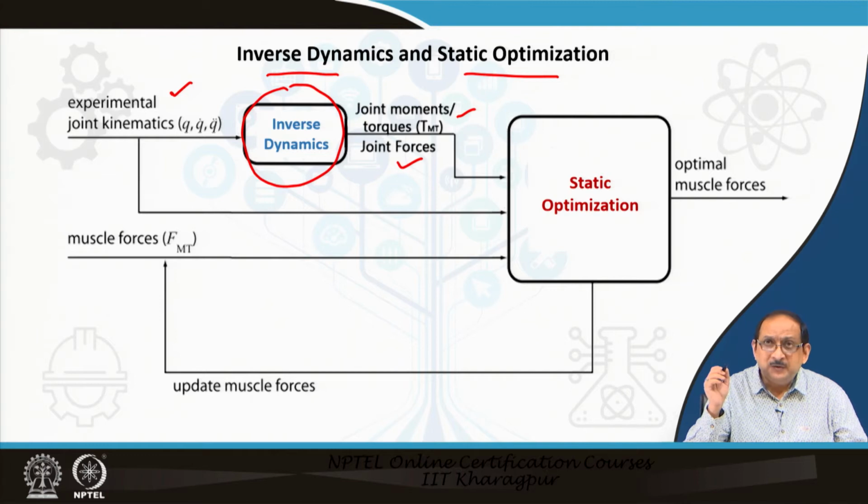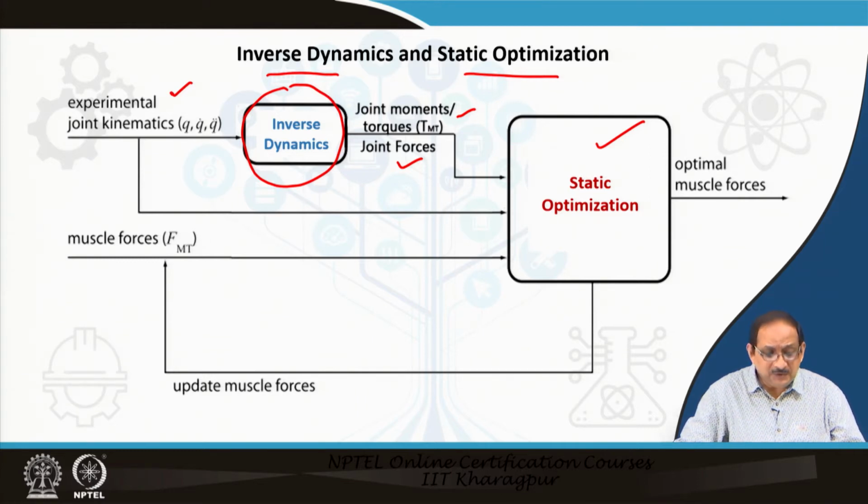Now, joint moments or torques are the net combined effect of individual muscle forces spanning the joint. The contribution of each muscle can be calculated using an optimization scheme, which we will be focusing on in this lecture.